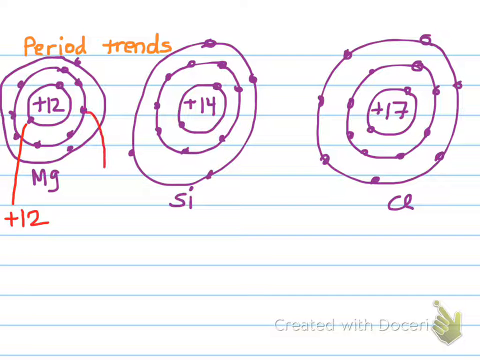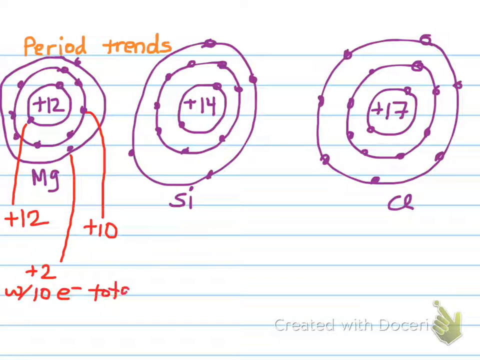In our second energy level, we have a shielding of 2, so we're going to feel a plus 10. And lastly, in our third energy level, we have 10 electrons total shielding. And so we have a pull of plus 2 with 10 electrons total shielding.